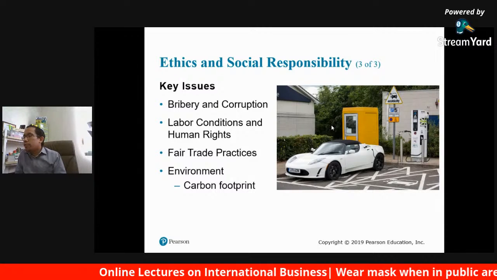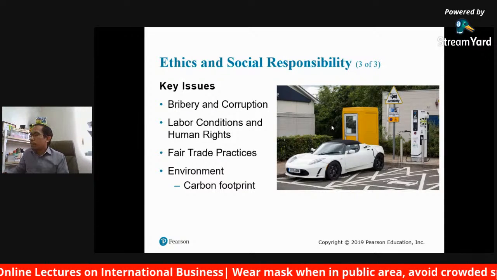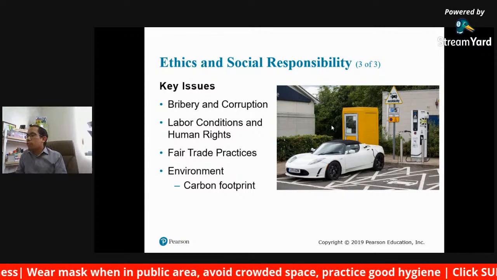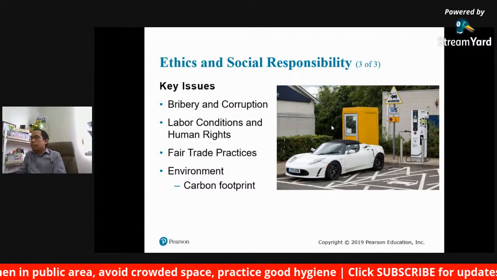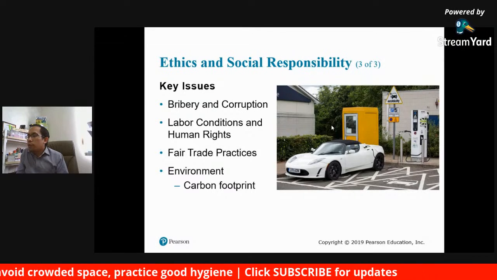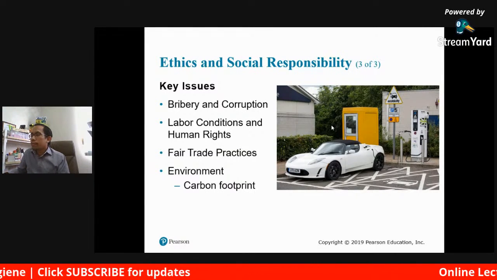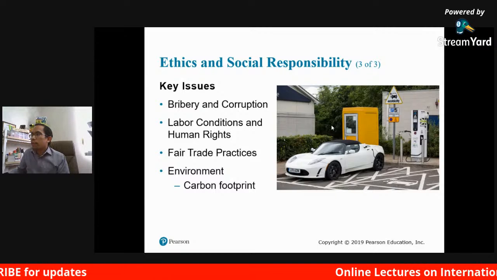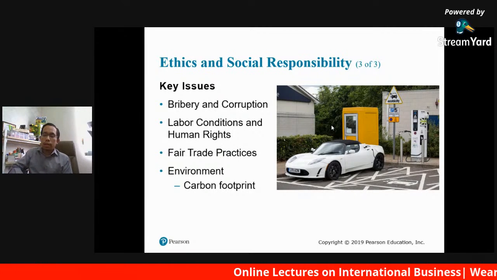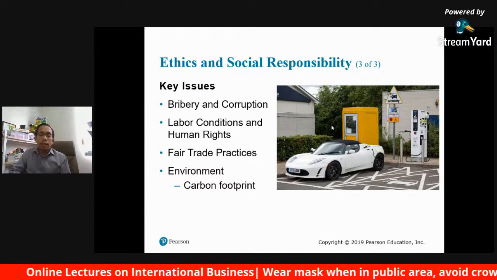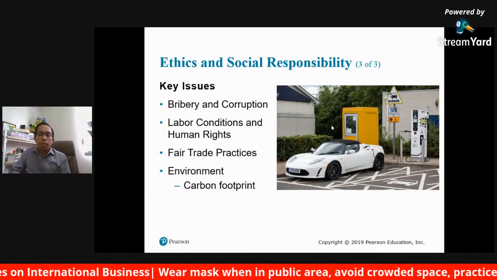Labor conditions and human rights. To fulfill their responsibility to society, companies are monitoring the actions of their own employees and the employees of companies with whom they conduct business. This sometimes happens in big enterprises.